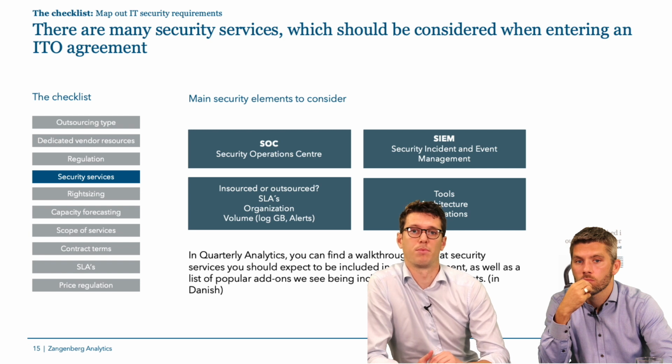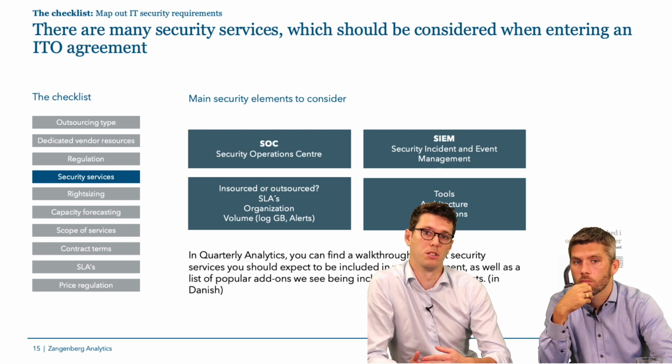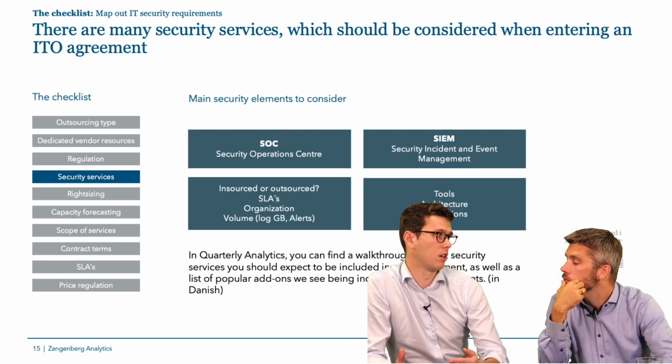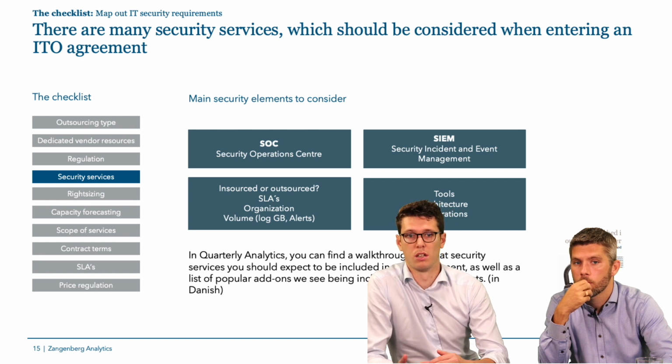So examples of the security offerings we see in a lot of ITO contracts would be the Security Operations Center, often alongside the SIEM, the Security Incident and Event Management. These are some of the offerings which a lot of vendors provide, either by themselves or via a third party, and which you should also consider.